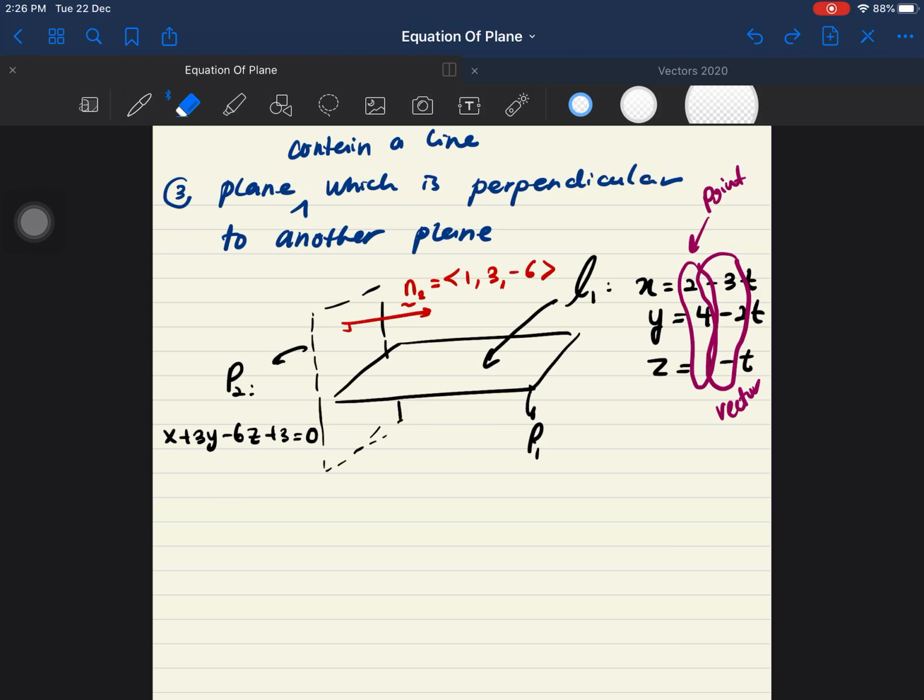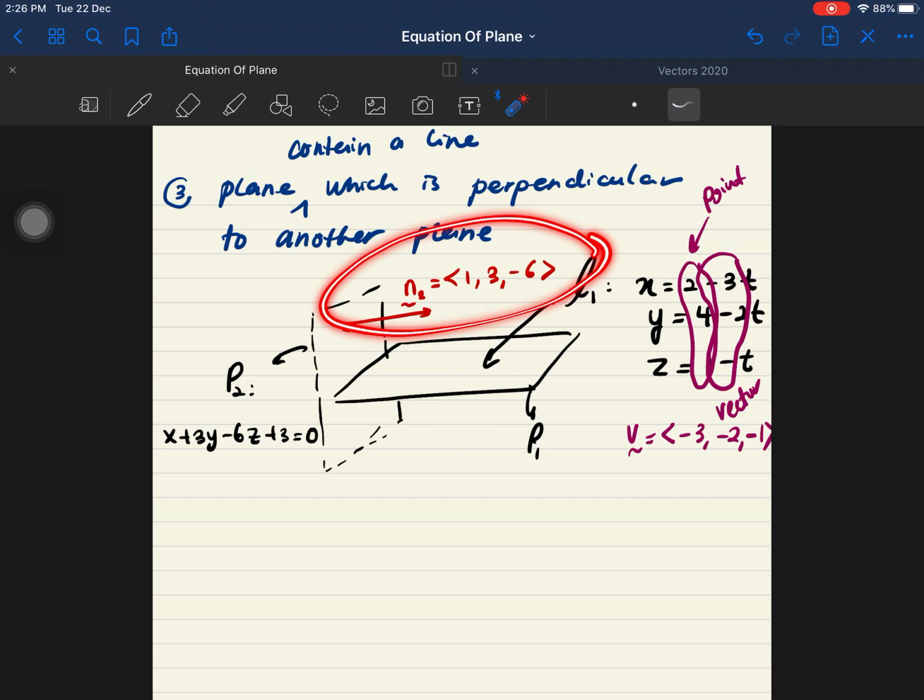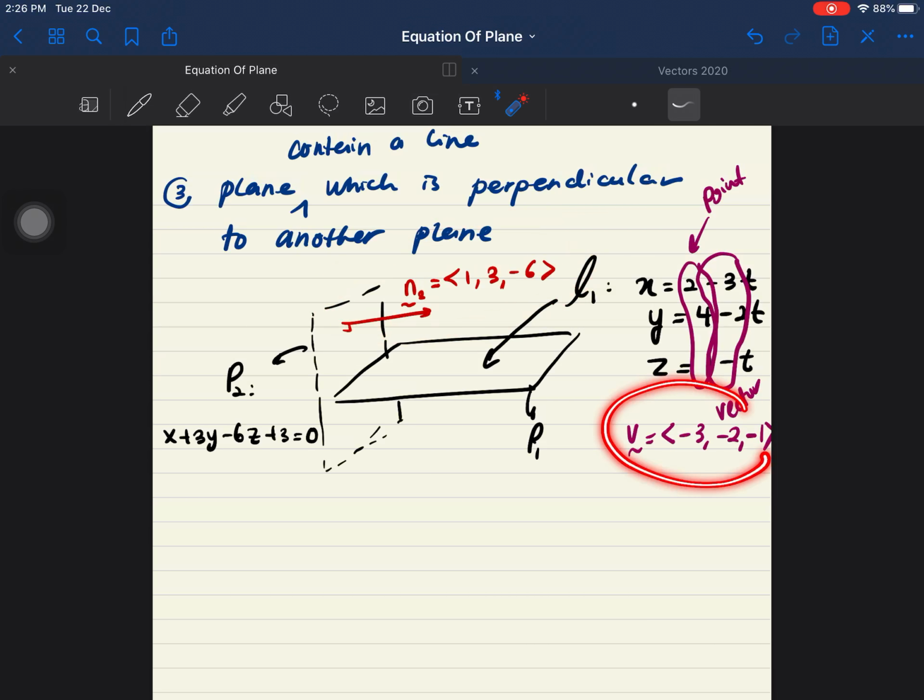Okay, so what is the vector here? So kita tahu V kita sama dengan -3, -2, -1. Ni negatif tau. Okay. Okay. So macam mana kita nak dapatkan normal vector dekat atas ni? You kena buat the cross product between this one and this one. So your normal vector, saya nak guna n besar tau.